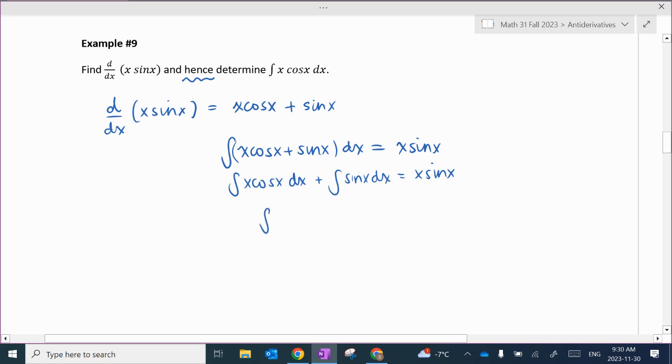So the antiderivative of x cos x is going to be x sine x minus the antiderivative of sine x.